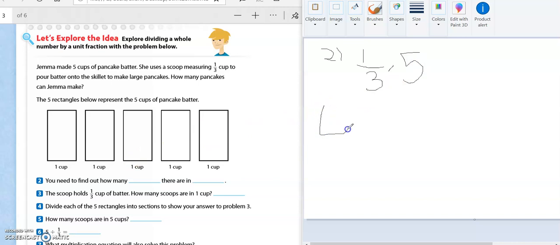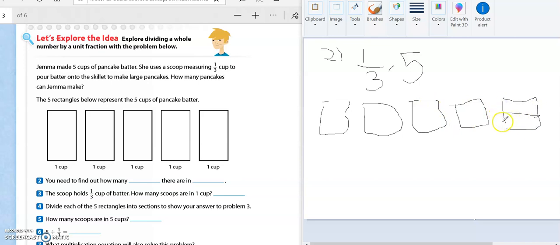So what I would do is I would make 5 squares. 1, 2, 3, 4, 5. And then I would break each square into 3 parts.